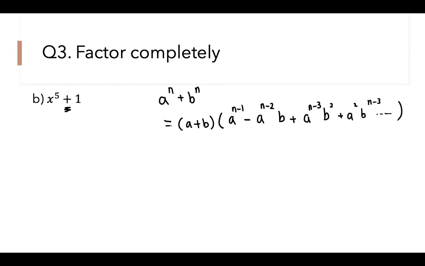So in this case, it's going to be x plus 1, and then you're going to start with the first term, x to the 4, minus x to the 3 times 1, and then plus x squared times 1 squared, and then minus x times 1 cubed, and lastly, plus 1 to the 4, which is 1.